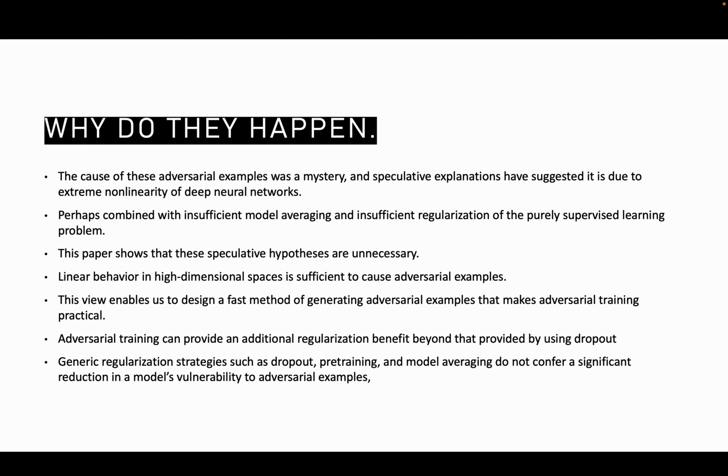This paper shows these speculative hypotheses are unnecessary, because linear behavior in high dimensional spaces is sufficient to cause adversarial examples. This view enables us to design a fast method for generating adversarial examples that makes adversarial training practical.